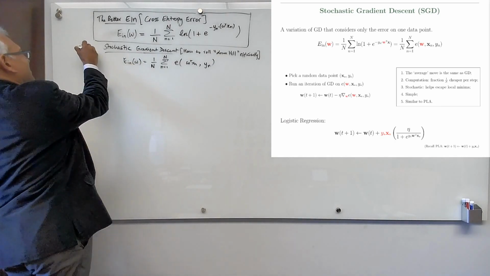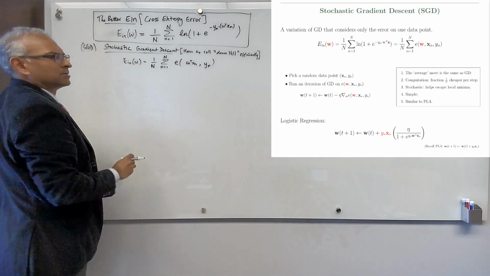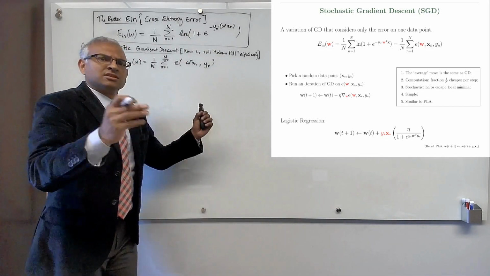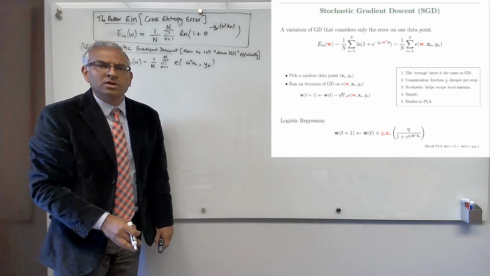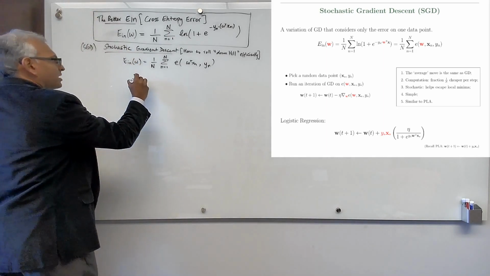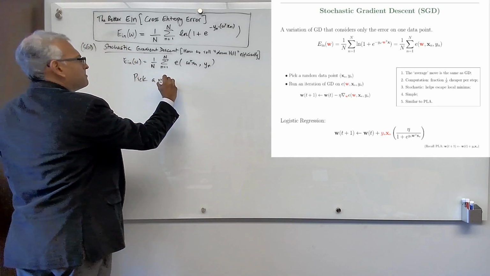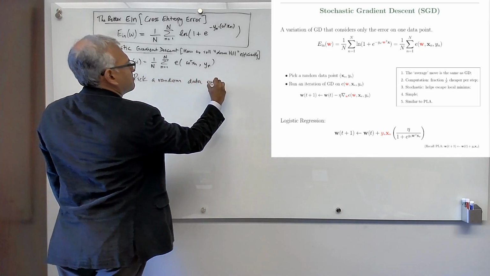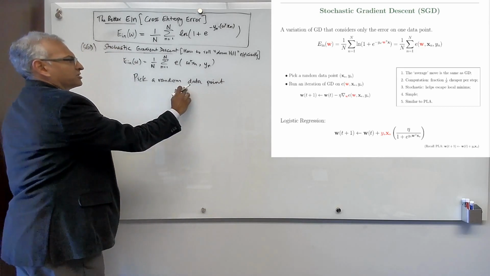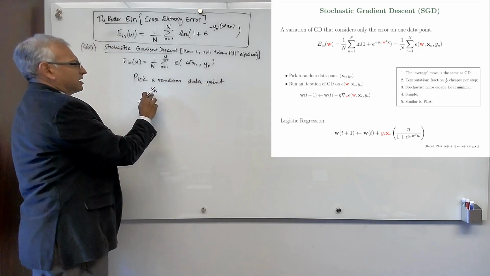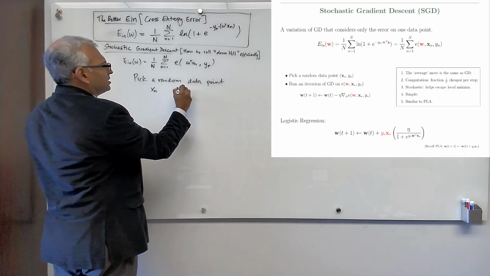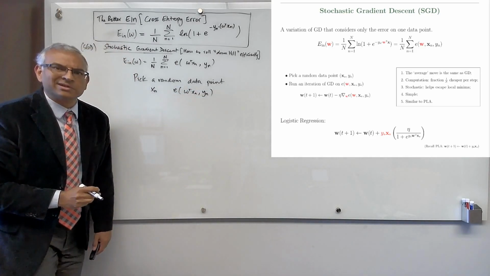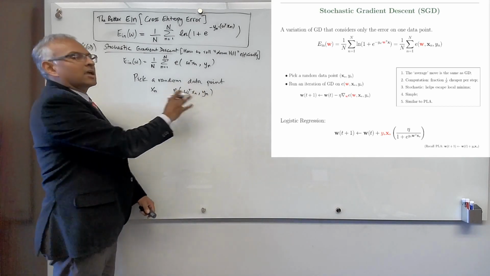So stochastic gradient descent, or SGD, basically says, don't compute all the individual gradients and then add them up and make one move. Pick a random data point. For this random data point xn, the error that you're currently making is e of W transpose xn, yn. Well, minimize that error a little bit.